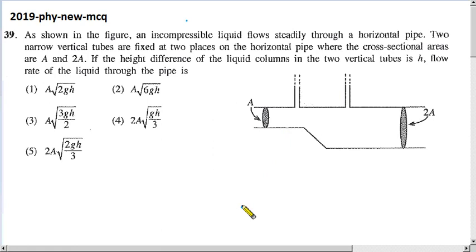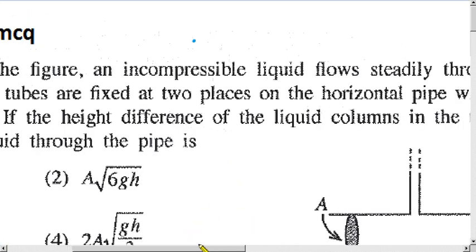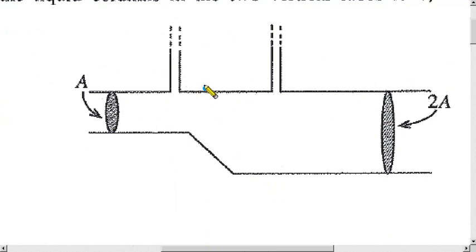So let's fill the pipe with liquid so that we can understand the story. Up to this level there may be the water level. Here also up to this level there may be the water level. I will explain how I decided the level.